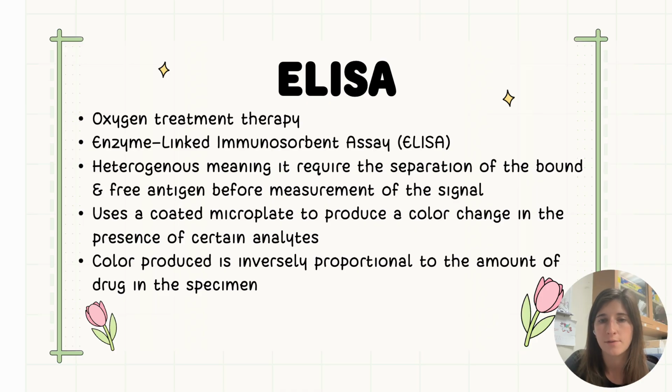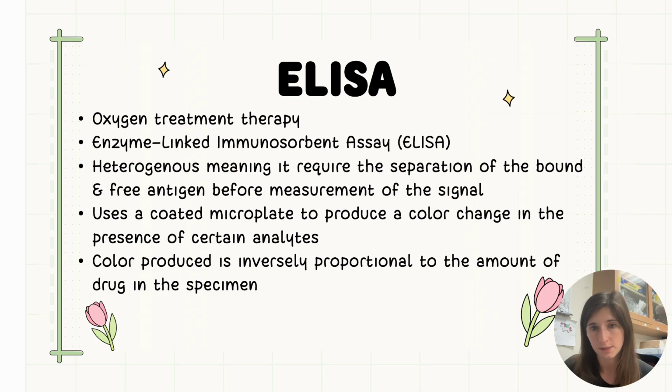The plate is going to be left for a certain amount of time to allow the enzyme labeled drug and the innate drug that was in the sample to compete for binding to the solid phase antibodies that are adhered to the well plate. After the incubation period, the microplate is going to be washed with a suitable buffer.